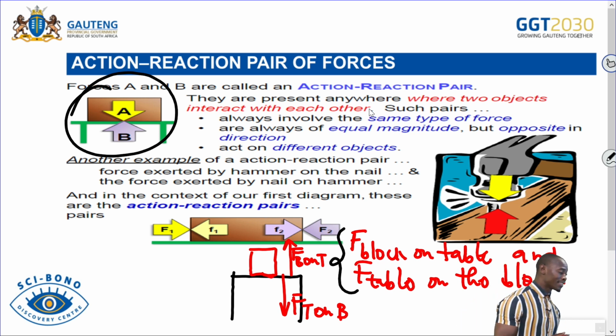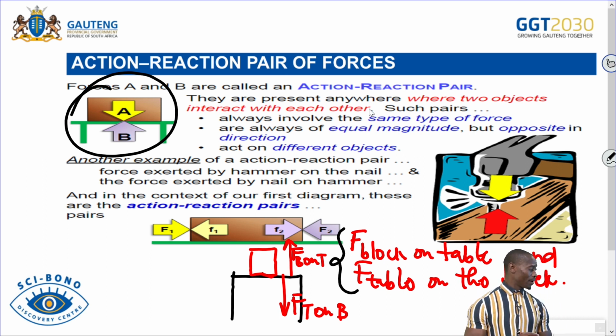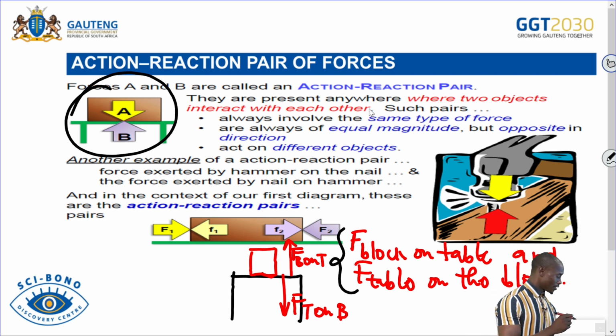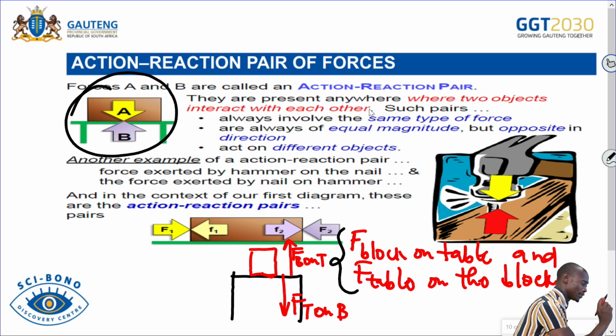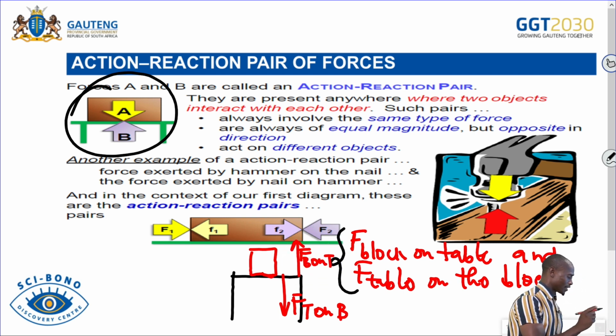For example, in this case, for F B on T, force exerted by the block on the table. So this is the force exerted by, I think I made a mistake here. The force exerted by the block on the table is this one. It should act downwards.